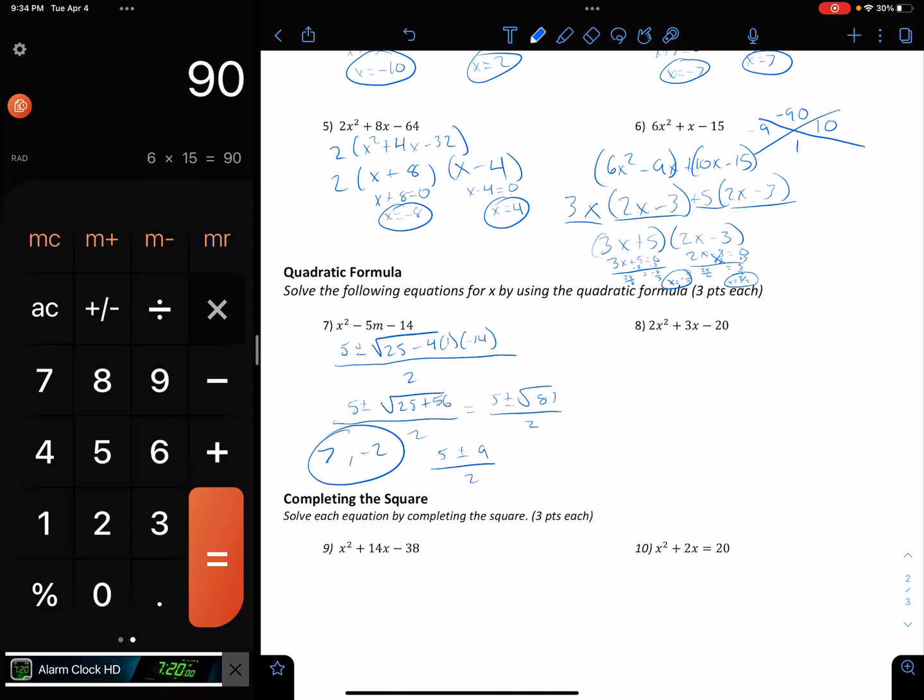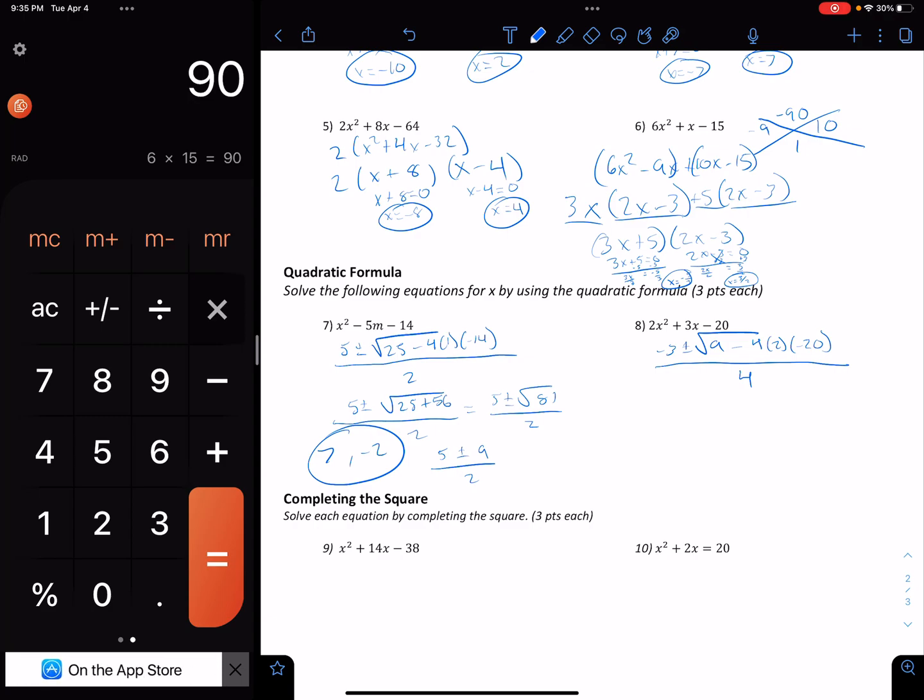So this is negative b plus or minus the square root of b squared minus 4ac all over 2a. So 2 times 2 is 4. Now I have to combine like terms here.